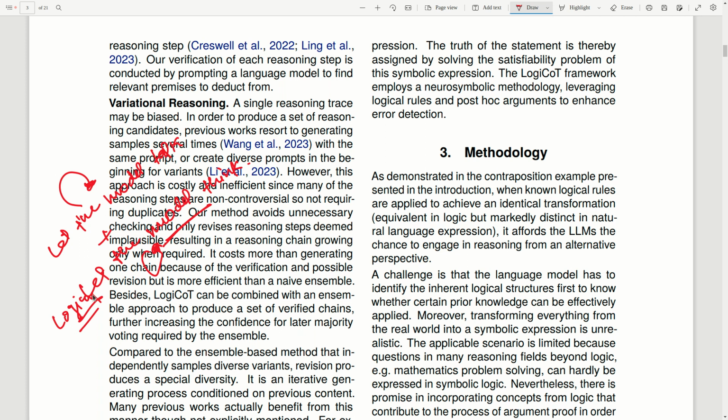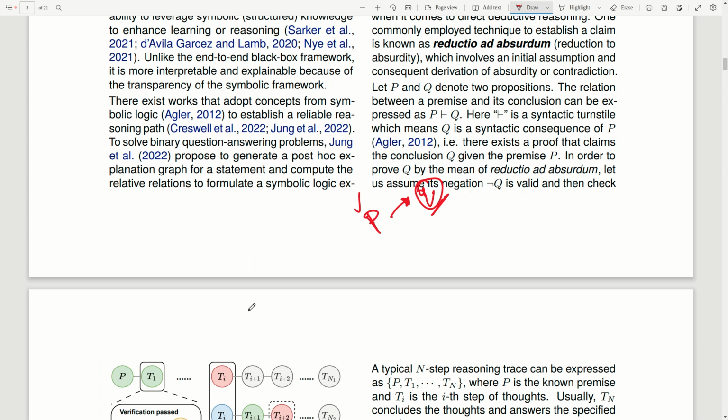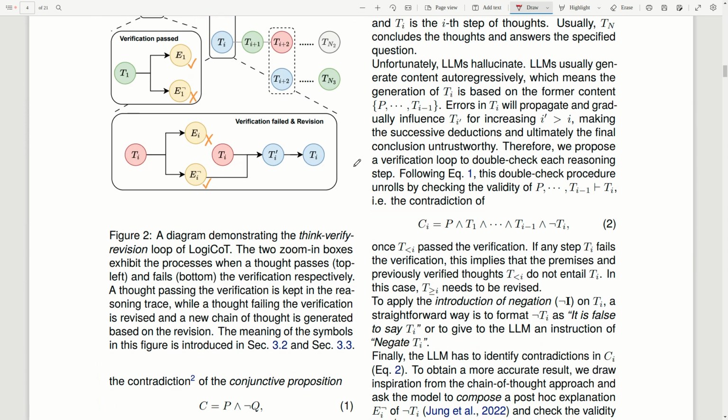This technique is commonly employed to establish a claim by showing that its negation leads to contradiction. Therefore, it demonstrates the truth of the original proposition. So, the logical chain of thought is the core idea discussed in the paper.